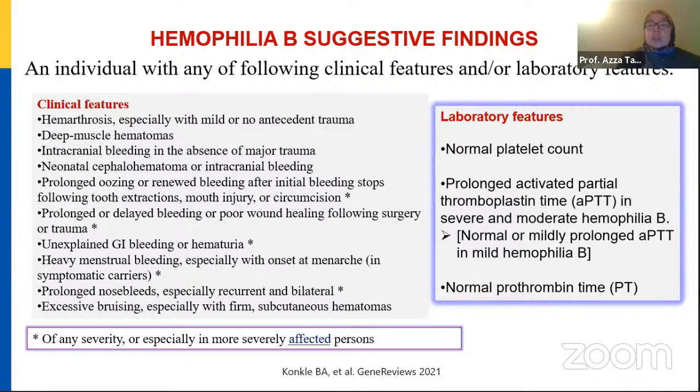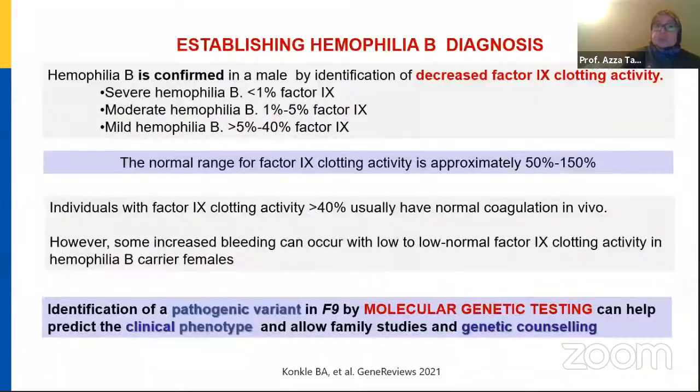Presence of a normal platelet count and prolonged PTT is present in severe and moderate hemophilia B. However, in mild hemophilia B, you may get a normal or mildly prolonged PTT. And in all cases, the prothrombin time is normal. So hemophilia B is diagnosed by a decreased factor IX clotting activity.